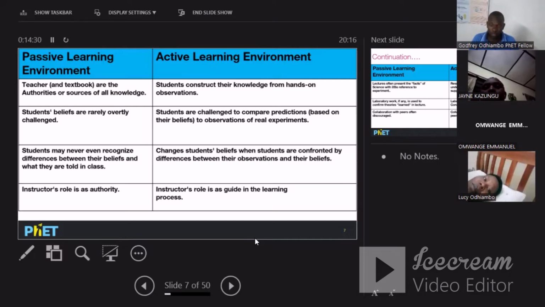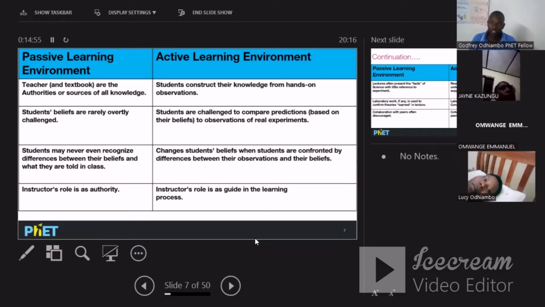The students may not challenge their beliefs, so if they believe in something that is not correct, they will keep it to the end. The students may never even recognize differences between their beliefs and what they are told in class. The instructor or the teacher is an authority.